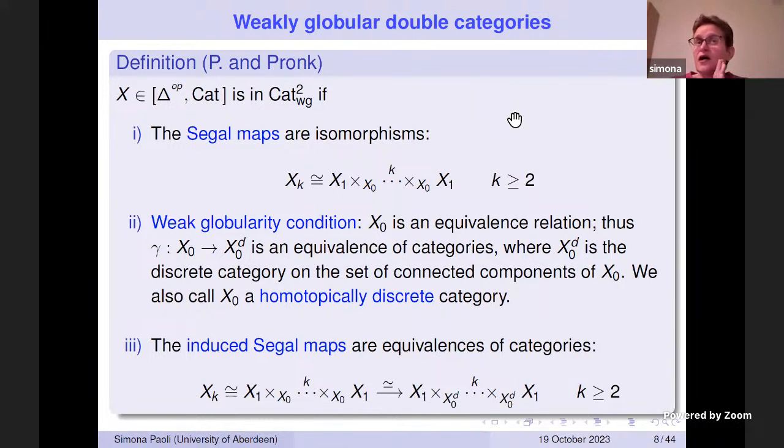So if somebody asks me for an example, well, take a topological space, do this, and you cook up one of these things. I'd love to have an example of even just a weakly globular double category naturally occurring in the context that you are interested in, applied category theory.